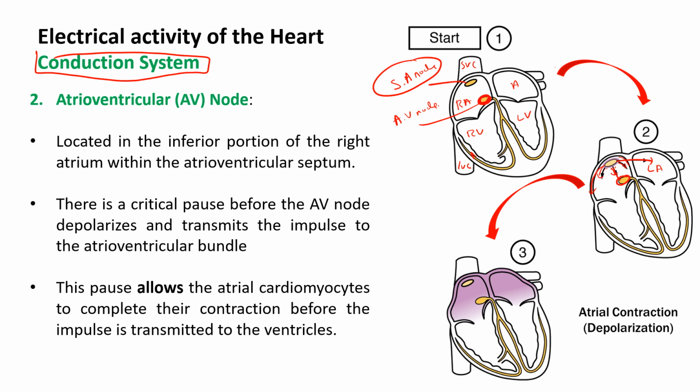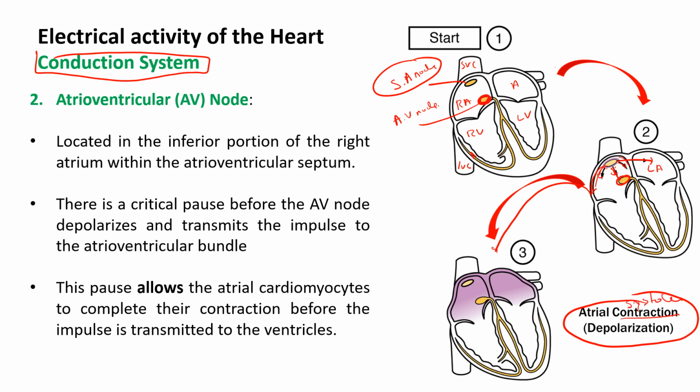Now the AV node, there is a little bit of pause, it takes a fraction of a second to completely stimulate the AV node. What I'm saying is, when the action potential of the SA node fires, that electricity passes extremely fast, and that leads to that contraction, what we call atrial systole or contraction.